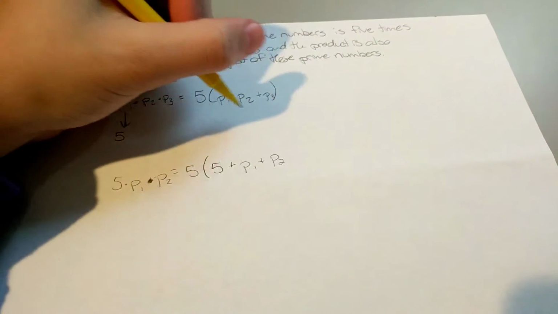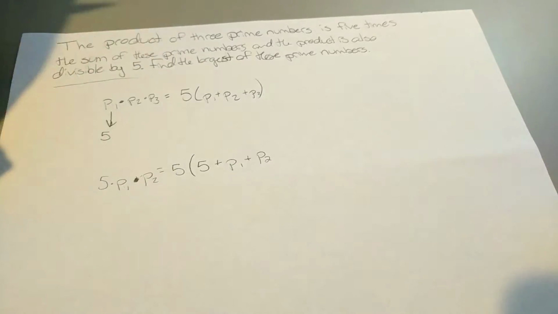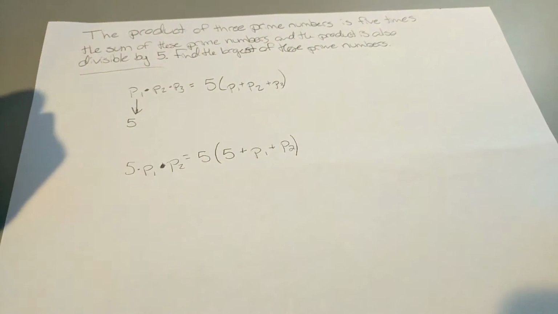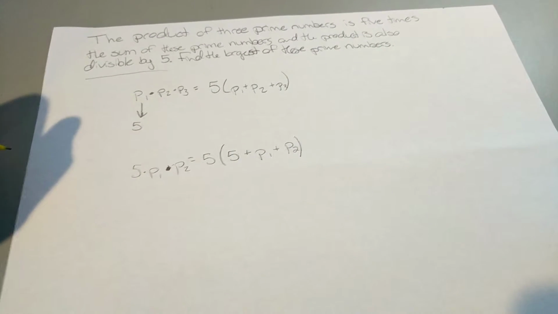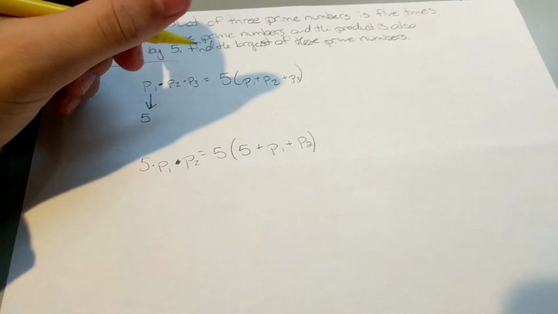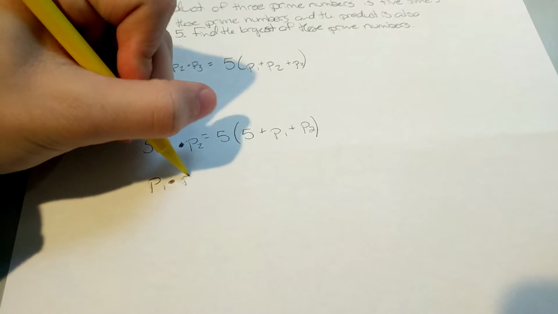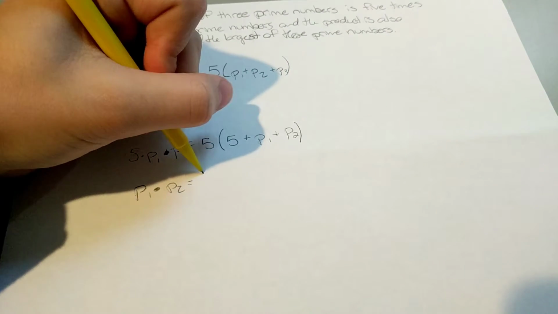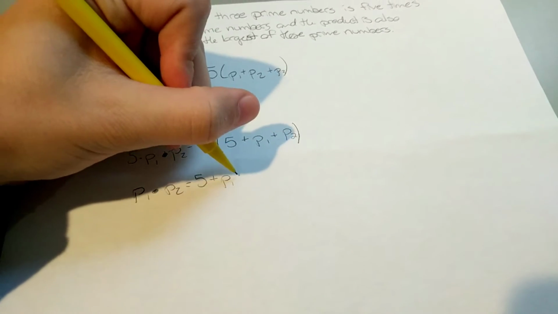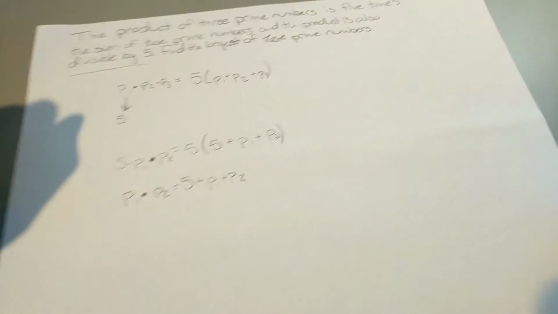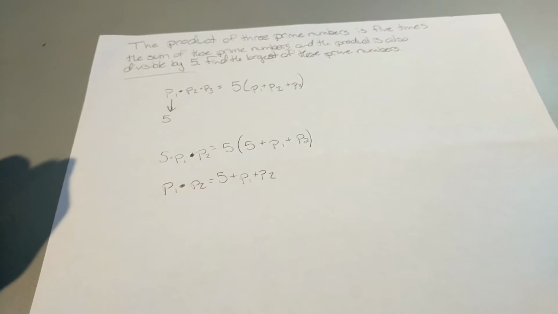So I just called P3 5, even though over here I drew it as P1. I hope that that is a-okay with you guys, okay? So what I'm going to do next is I'm going to divide by 5. So I have P1 times P2 is equal to 5 plus P1 plus P2. Okay, now you can see that we're making some progress.